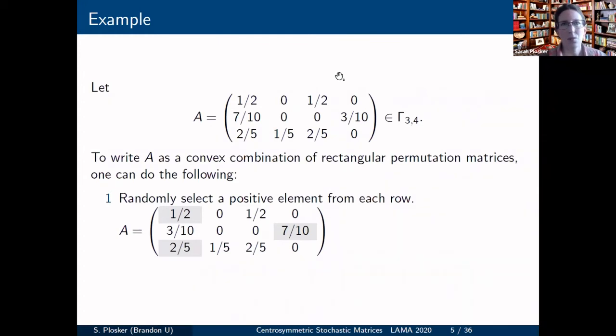So the only way to write a convex combination of elements in that set, and by convex combination, I just mean a linear combination where the scalars are between 0 and 1 and they sum to 1, is trivially, with all of the scalars 0 except for one. Sorry, I don't have a tablet.